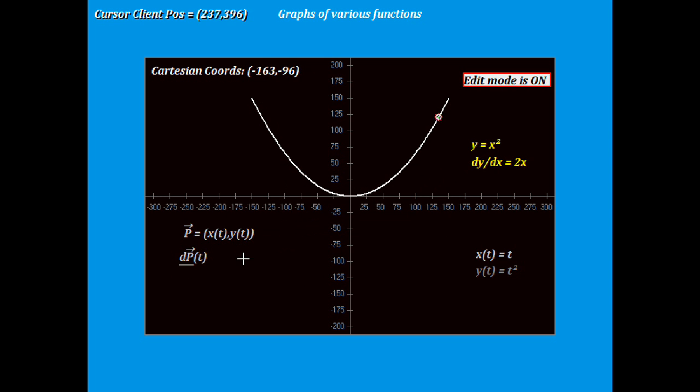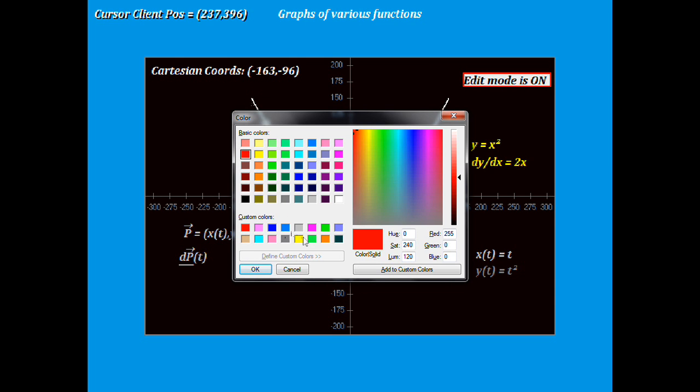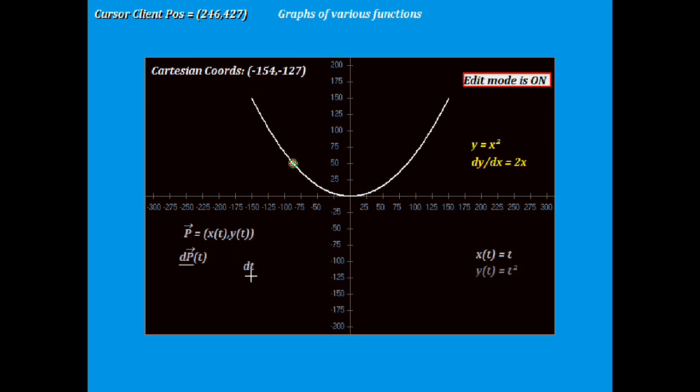And dt, yeah, it should definitely remember the last color. Whoops. I'll get right on that. That is equal to the vector dx/dt, dy/dt.